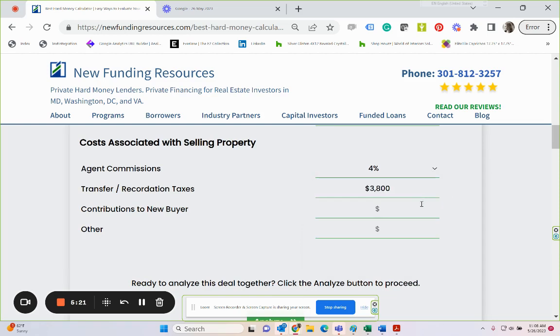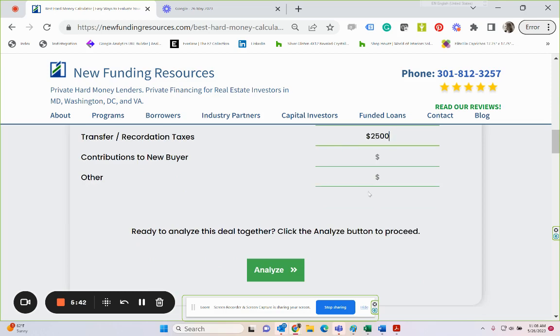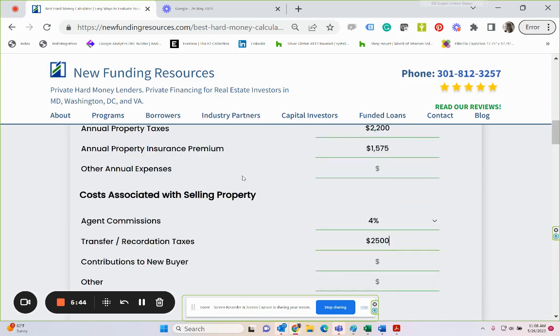So we're going to keep it at 4%. Transfer recordation taxes that you will be splitting with the buyer of your property. Let's go ahead and just put it at 2,000, something like that. Let's do 2,500. Again, being conservative. And that's it here. Unless you have contributions to new buyers, but for our example, let's just keep it simple here.